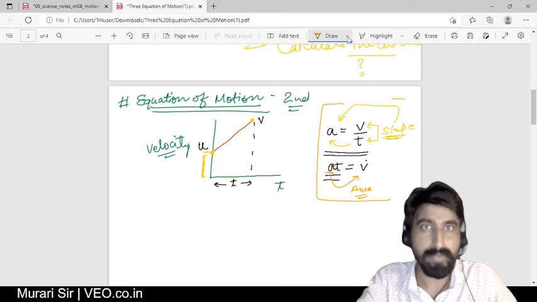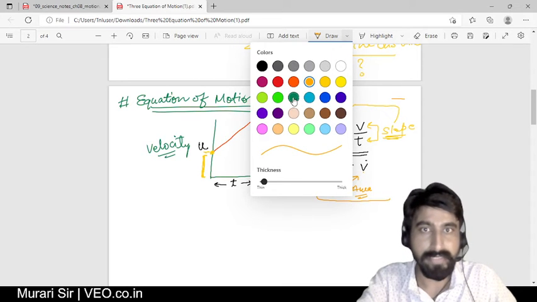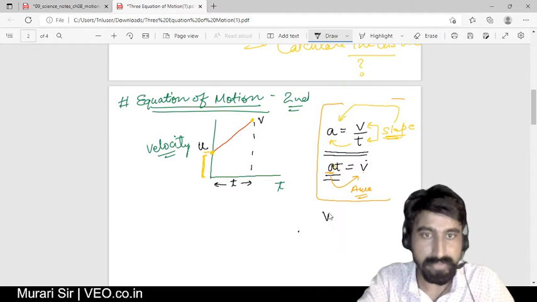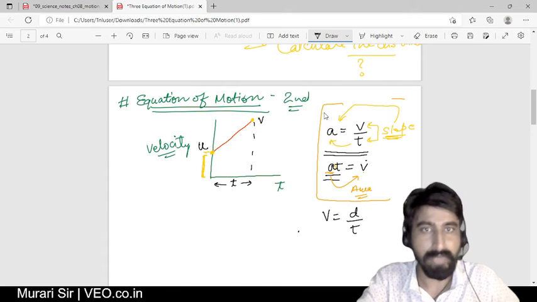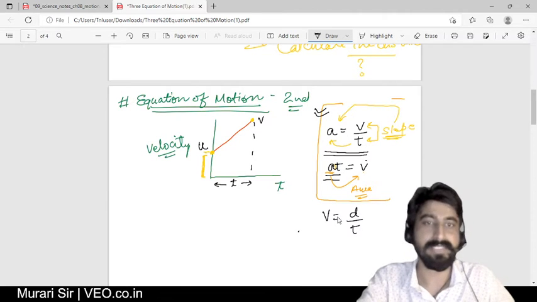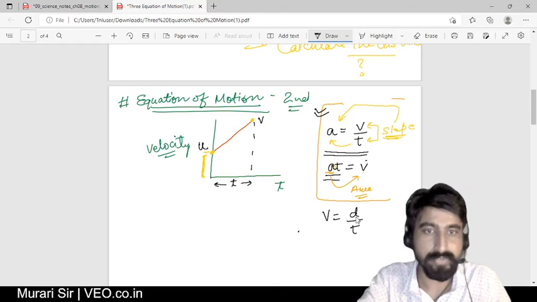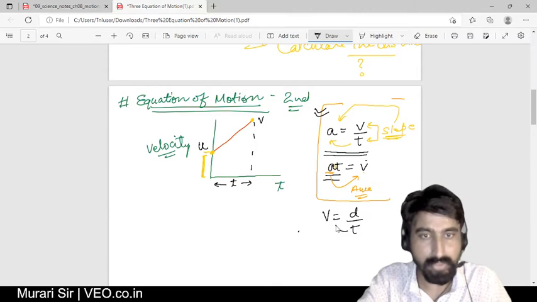Let me add one more important formula that you definitely will see. That is velocity is equal to displacement upon time. I will use the same concept here also. If I cross multiply this, what will I get?